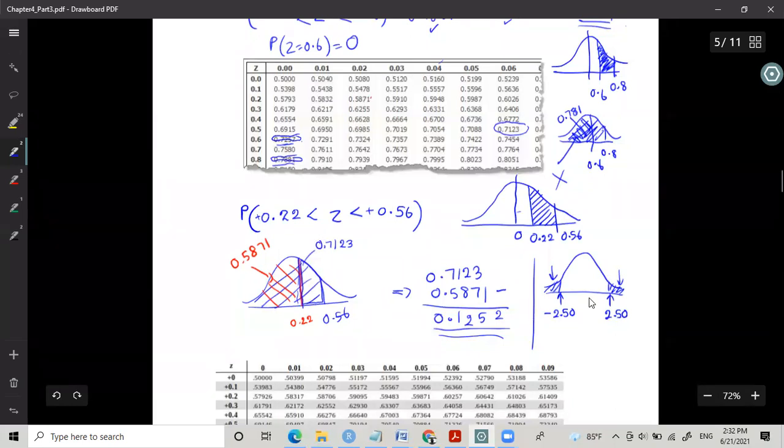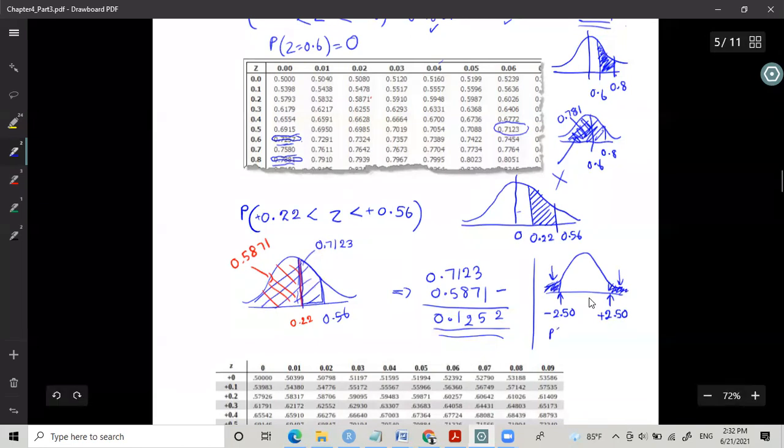You can do this in a harder way, a longer way, or an easier way. What do you think? Now, remember, normal distributions are symmetric. So for the negative and positive same z-score, these areas will be the same. So the area to the right of 2.50 and the area to the left of negative 2.50 are the same because of the symmetry.